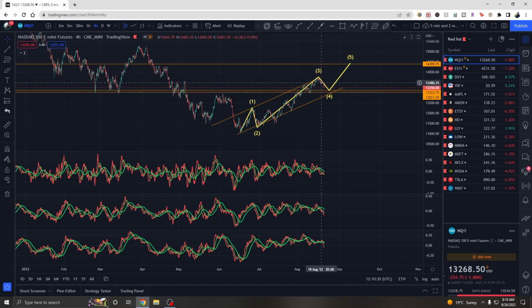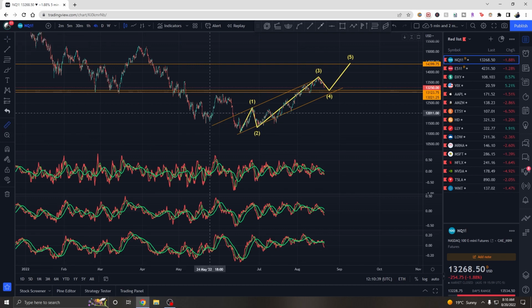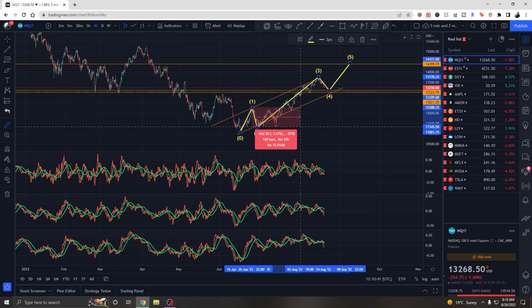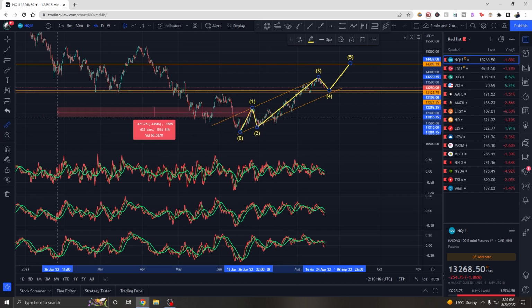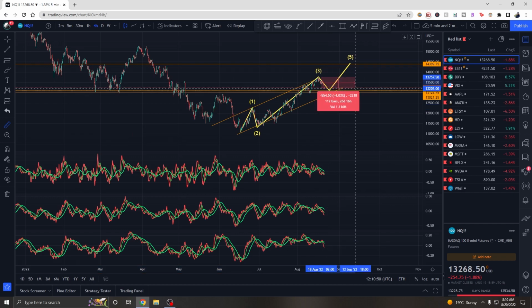Now if this is wave 4, then it should be half of the length of this second wave. If you measure this second wave, which was roughly around 8%, and if you measure this move again from here, then we already covered 4%, so probably around 4 to 5% right over here, somewhere around these two lines that I drew.